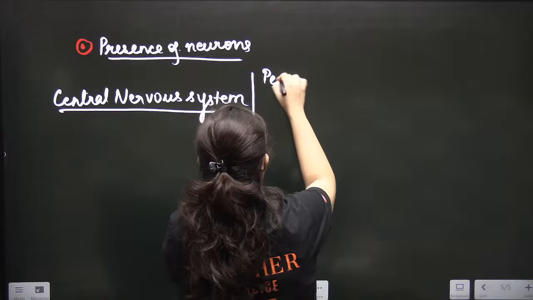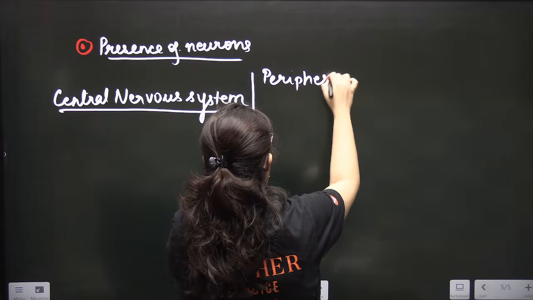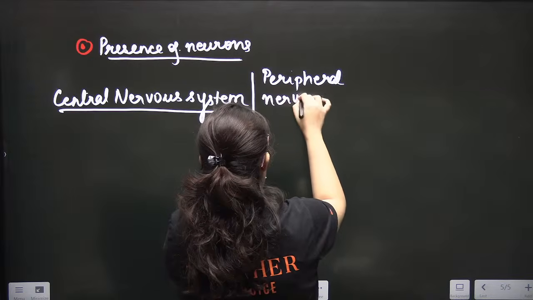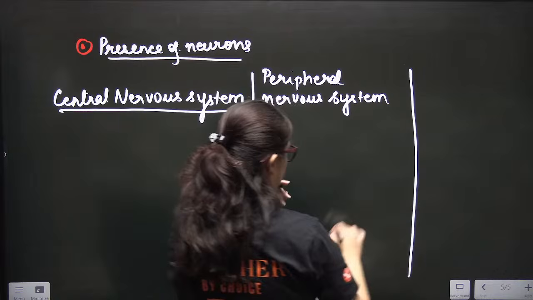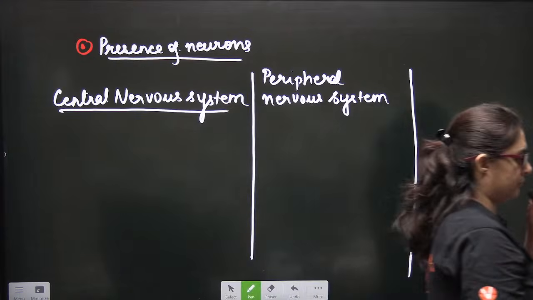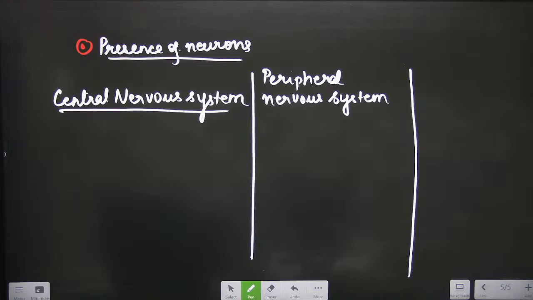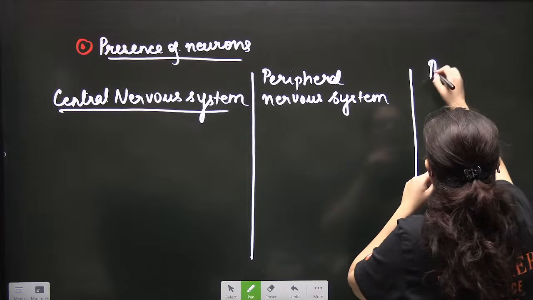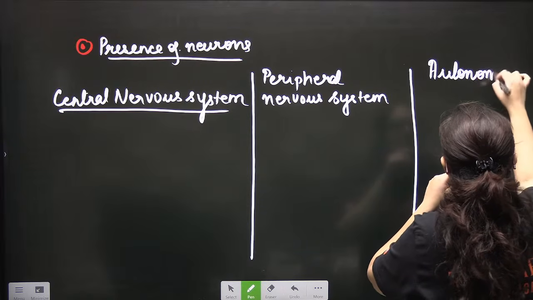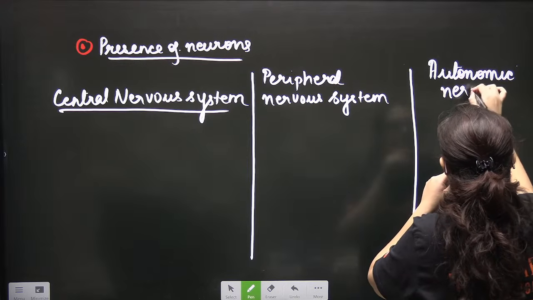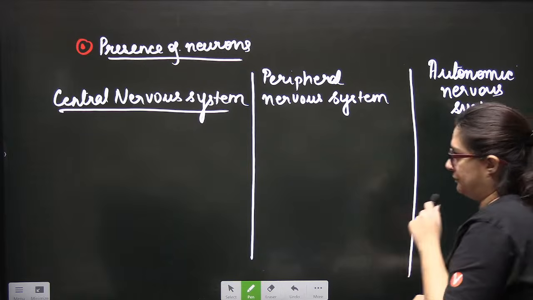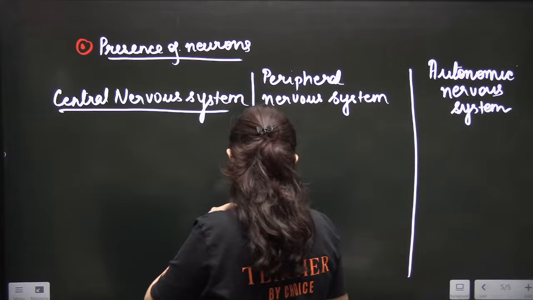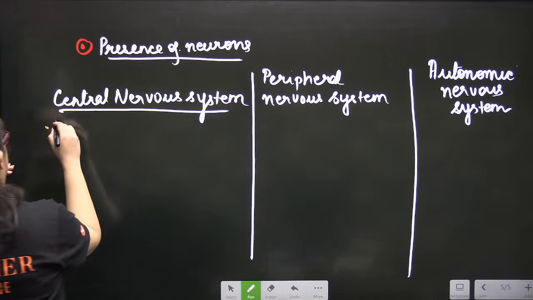Peripheral. Okay. Central nervous system.